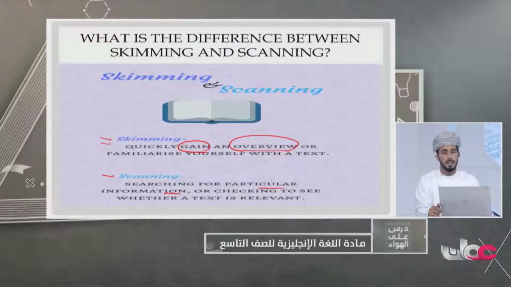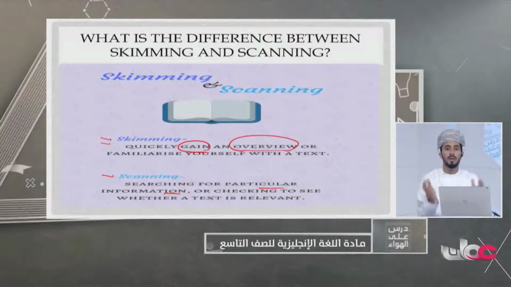In scanning, we search for specific information, we dig in depth, we read all the details in the text, checking to see whether a text is relevant. So there is a difference between skimming and scanning.